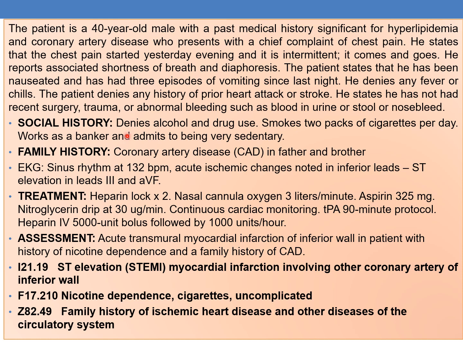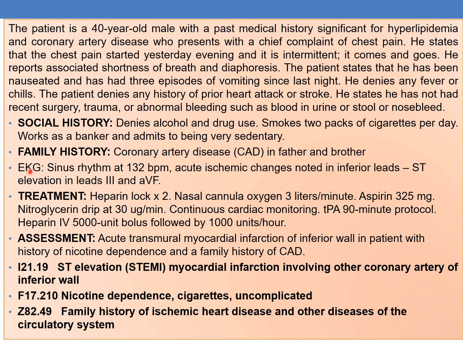Coming to the social history, he denies alcohol and drug use and smokes 2 packs of cigarettes per day. He is a chronic everyday smoker, works as a banker and admits to being very sedentary. Coming to the family history, father and brother have coronary artery disease. So he has a family history of ischemic heart disease and other diseases of the circulatory system.